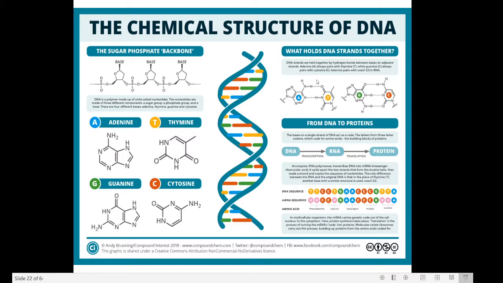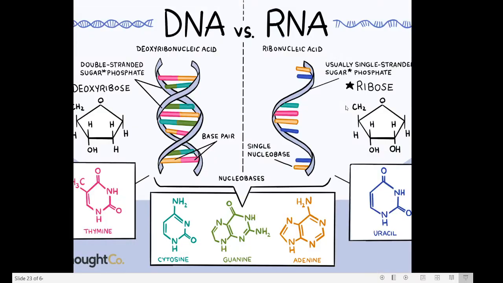Adenine and thymine make a double bond, but guanine and cytosine make a triple bond. The bonding is very important. There are two bonds in one case, and three bonds in the other.